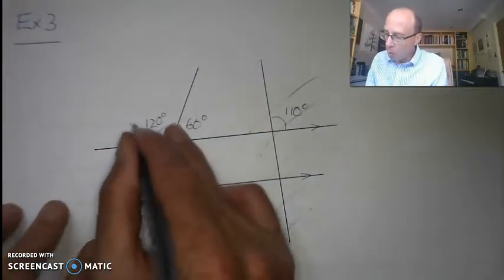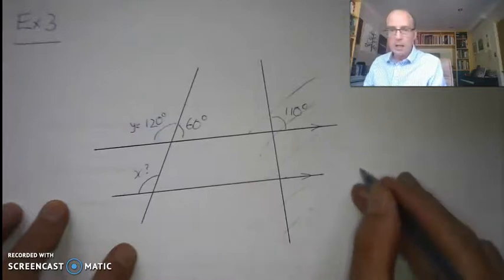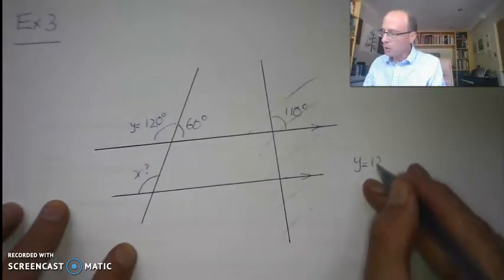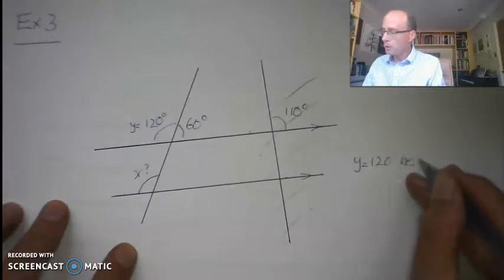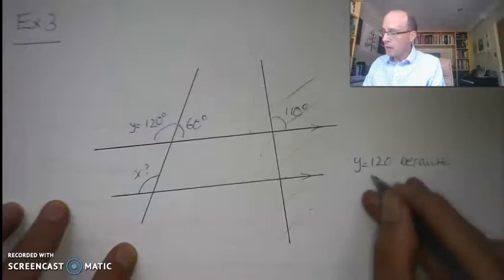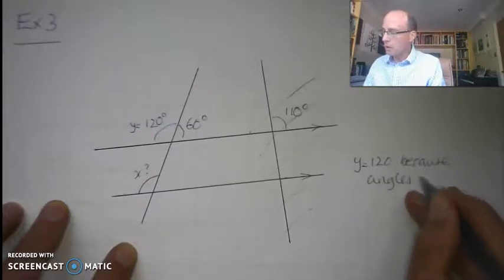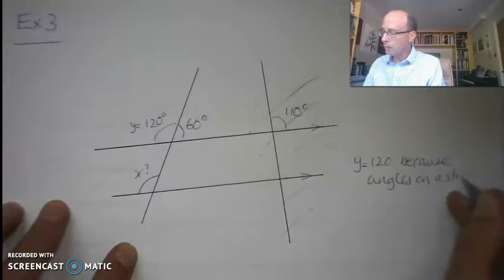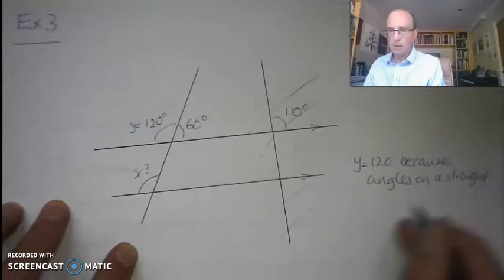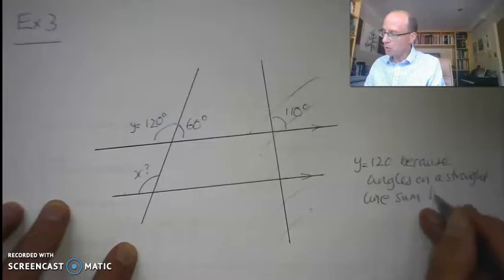So if I call that y, let's write it over here. Y equals 120 because angles on a straight line sum to 180 degrees.